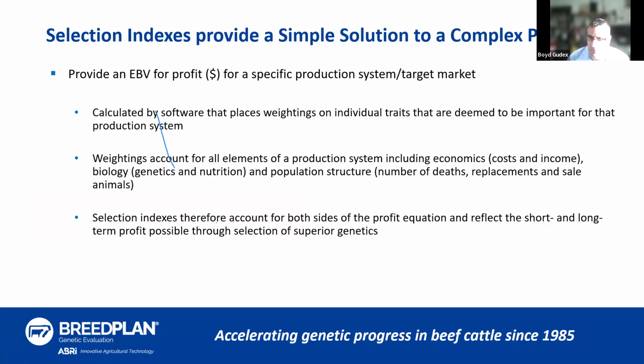If you have a high number of deaths in your herd, for instance, you're going to need more replacements, and that's going to reduce the number of sale animals you have available. That's all accounted for in selection indexes, and they account for both sides of the profit equation and short and long-term profits. Short-term profit is the steers you're selling, but the long-term profit is the progeny of the heifers that you retain from that breeding.